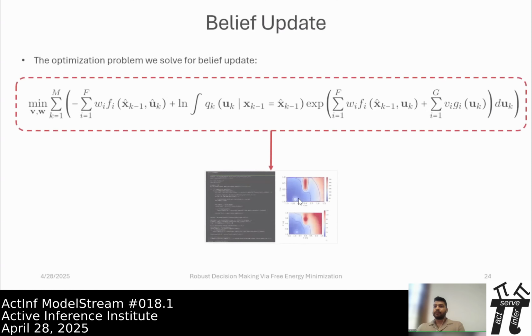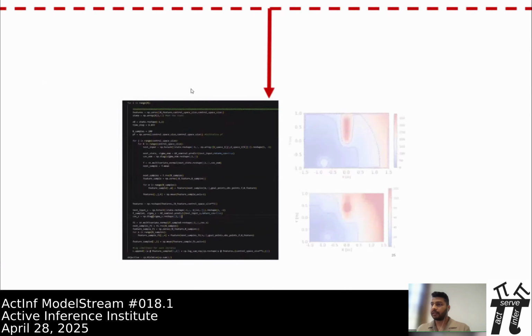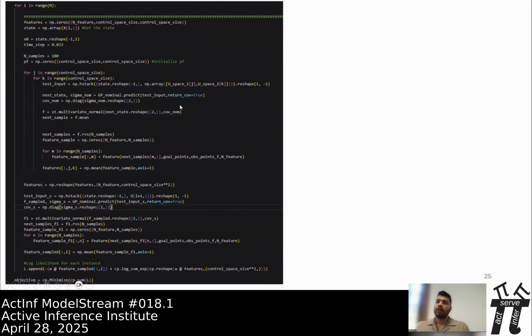Okay. Given these cost features, we solve this minimization problem. Let's say we have m samples from the expert agent. We initialize the initial state and the features.